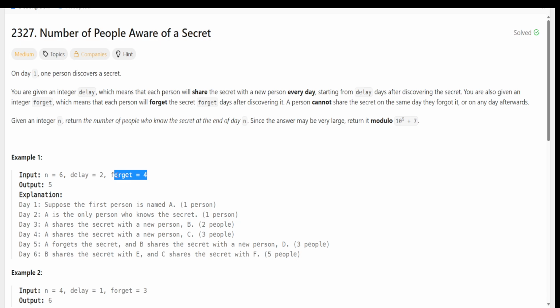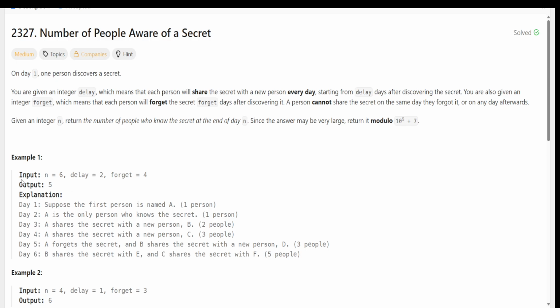He can't share it anymore, because once he forgets, he cannot share it anymore. Okay, so the question is, after n days, how many people still know the secret? And this can be a larger value, so take the modulo. That's all. Okay, modulo is 1 billion plus 7. Okay, so this is what we have to do.